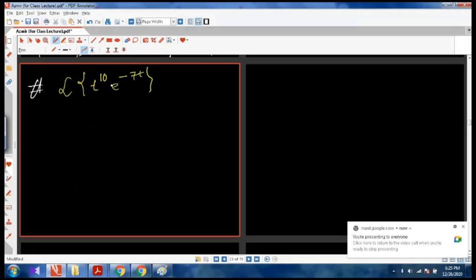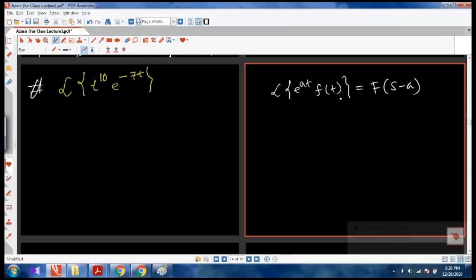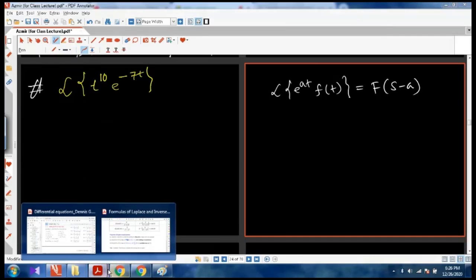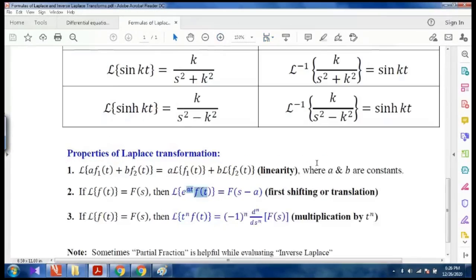Have a look at the second property that we have. Laplace transformation of e power at f of t is f of s minus a. At the same time, I am trying to show you the third property.